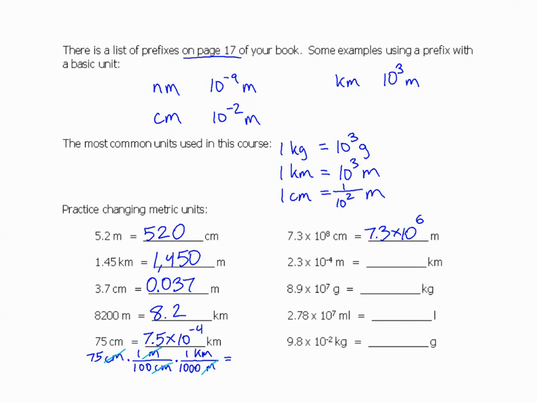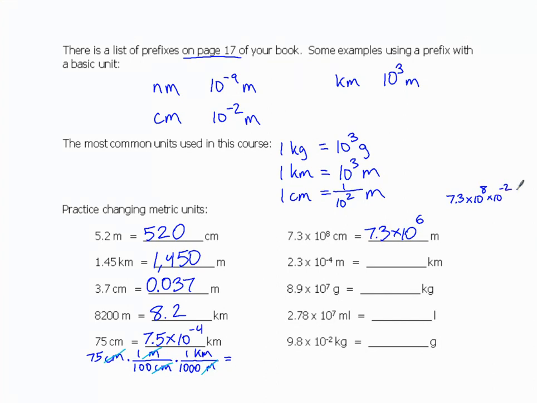Here's really what we did here, in case anyone is becoming lost. We had 7.3 times 10 to the 8th, and centimeters, which are 10 to the negative second.